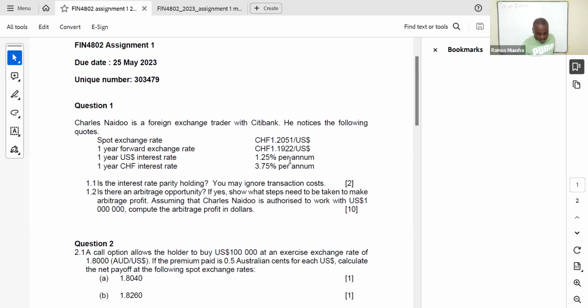In this case, our domestic currency being the US dollar, we need to check whether the domestic side equals the foreign side when you adjust it for the forward rate and the exchange rate.